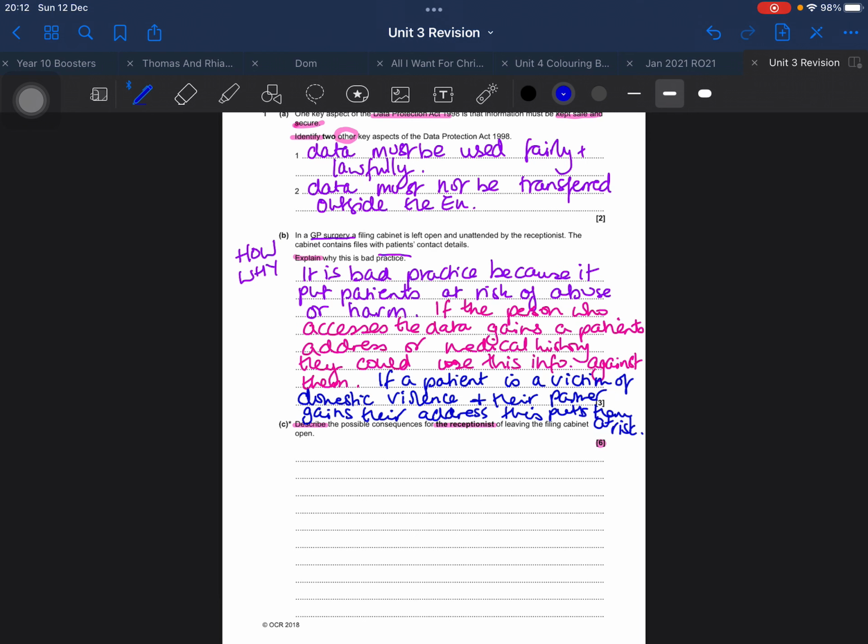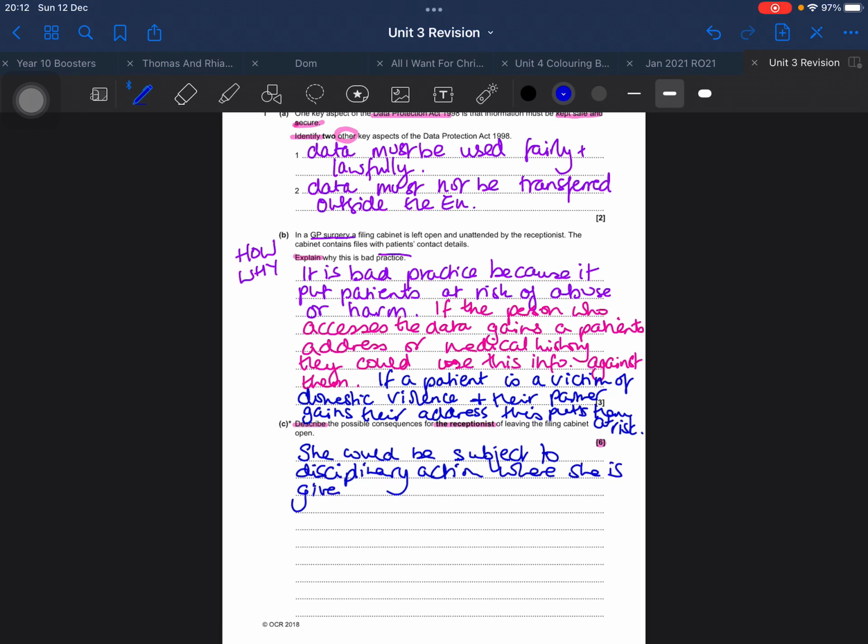So the first one I'm going to write is she could be subject to disciplinary action where she is given a warning and possibly dismissed for failing to protect patients' confidential information.